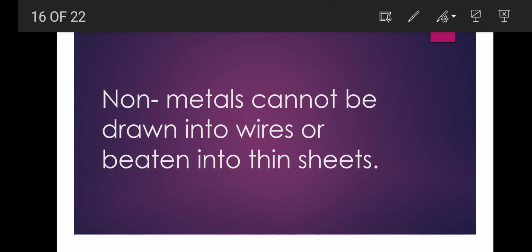Okay, so this is also a property of non-metals, that non-metals cannot be drawn into wires or beaten into thin sheets. But what about the metals? Metals can be drawn into wires and beaten into thin sheets. Okay, now the next property.